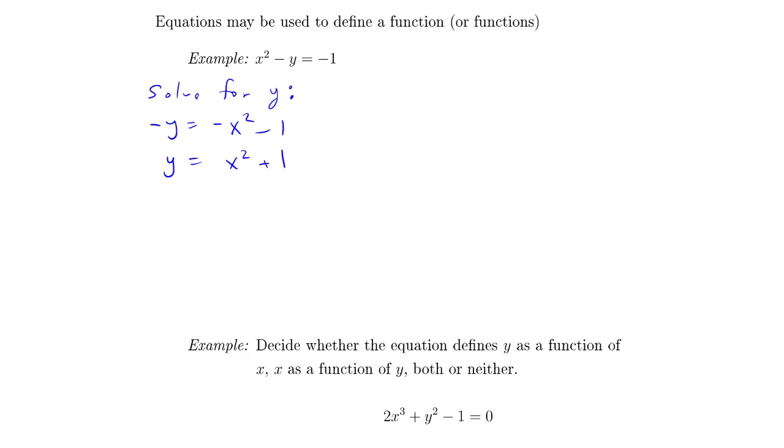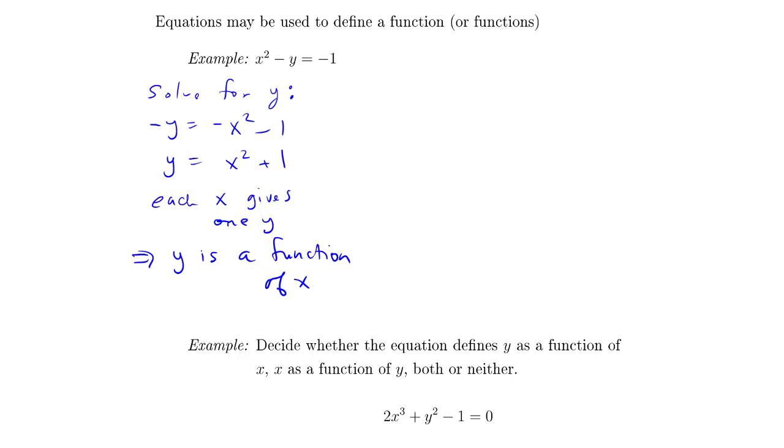Okay, so what I see now is that each x gives 1 y. All right, I put an x in, I square it, I add 1, I get a y. So we're good. y is a function of x.